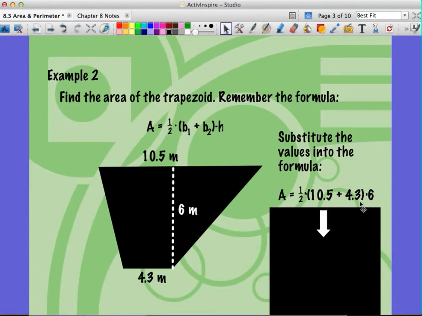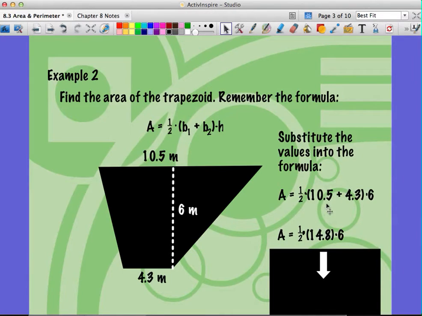Because this is in parentheses, because we have to add the bases together first in order to have the correct base measure, I first have to add 10 5/10 plus 4 3/10, and you get 14 8/10.